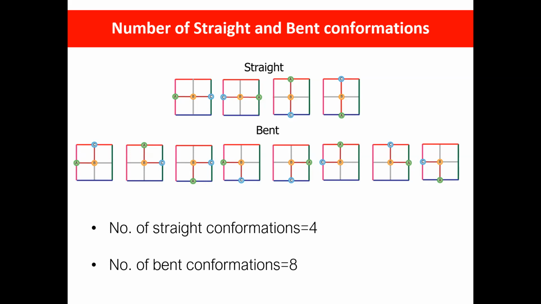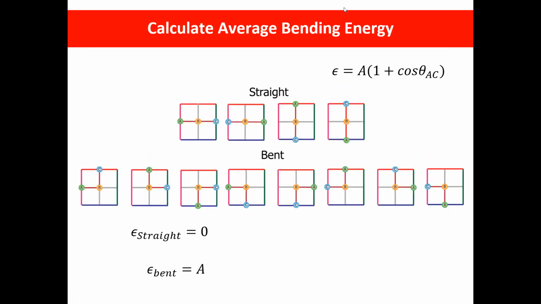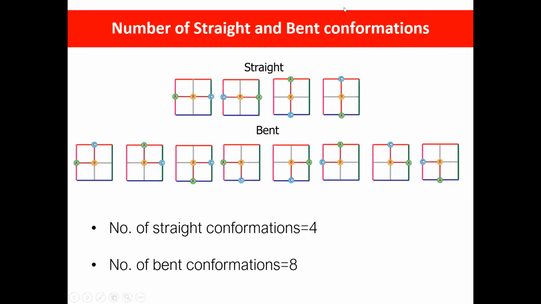Similarly for the bent state, since all 8 configurations have the same energy, the average energy will also be equal to A. Therefore we can write down the final expressions for the free energies like this.